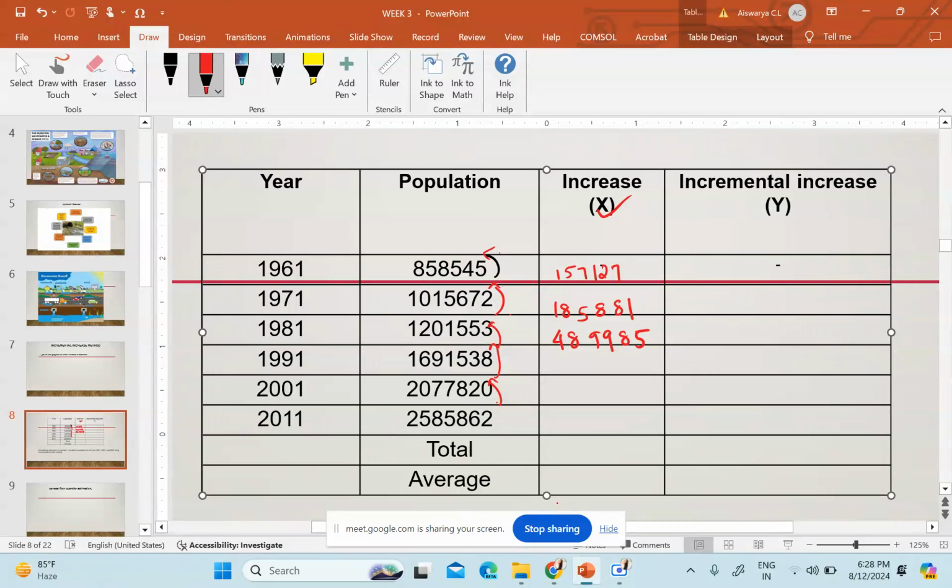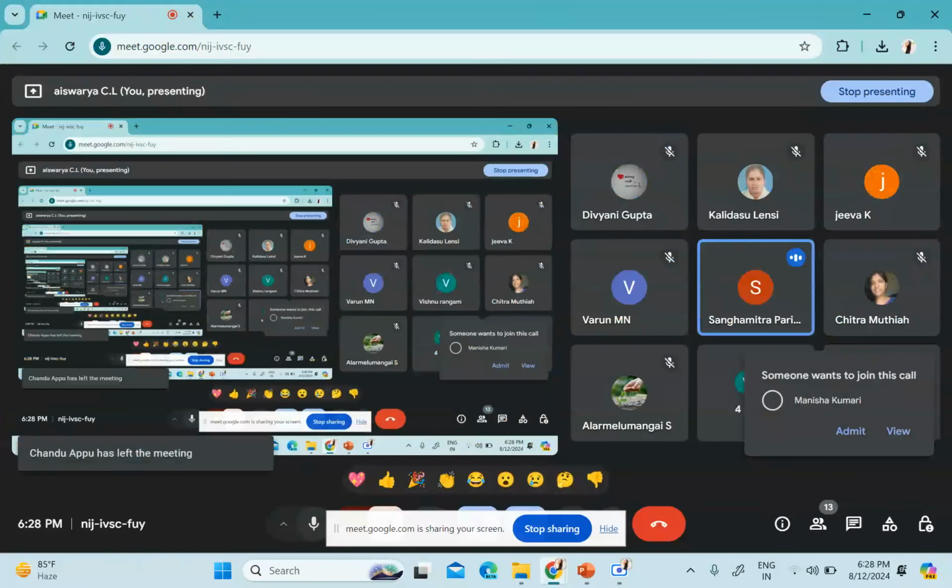Now you got this and you can fill this. If you have Excel, it will be easy. I think everyone has solved this column. Is this the same answer that you got? Okay.